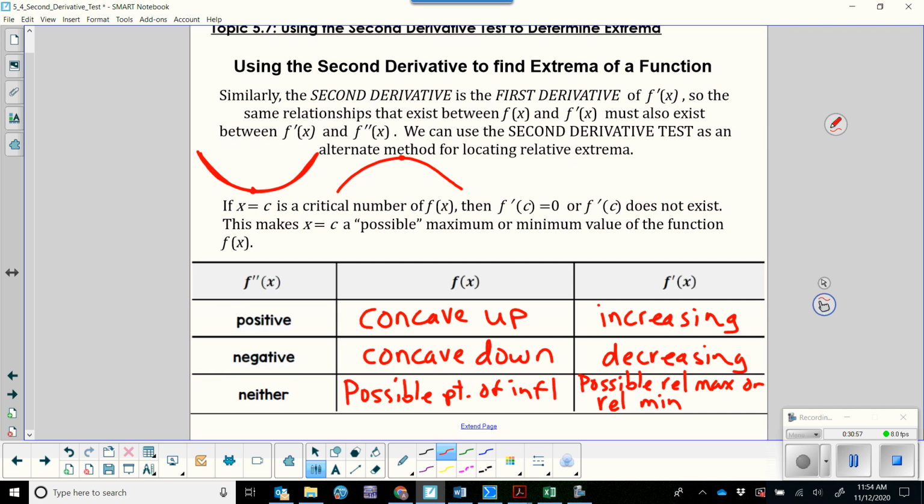The only thing they tell you is f double prime is negative and f prime is 0 there. Well, if f double prime is negative, that means it's concave down, and if you know that f prime is 0, then we know that we have a relative max there. Okay, so we'll talk about that in class. We'll probably spend a couple of days on this lesson, but that's it for this video.